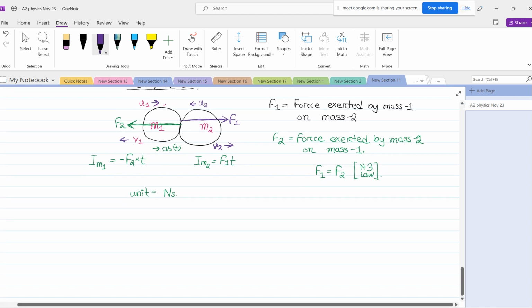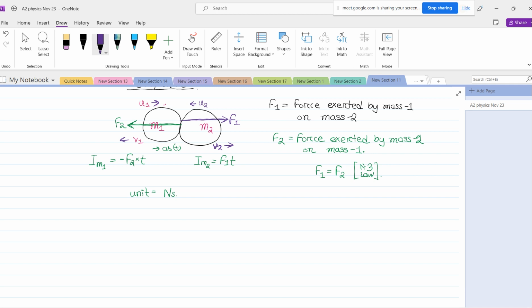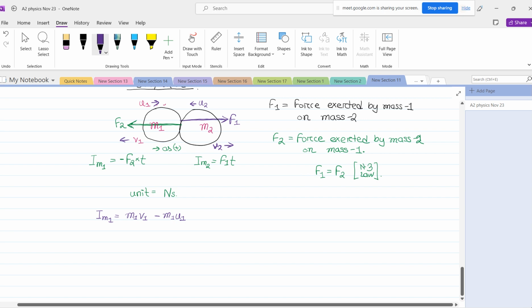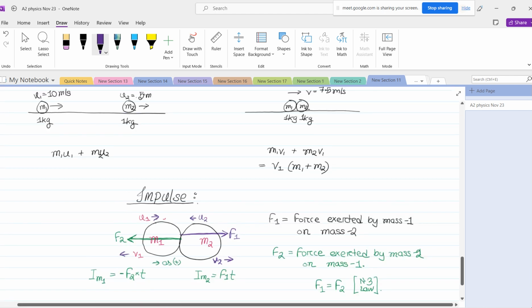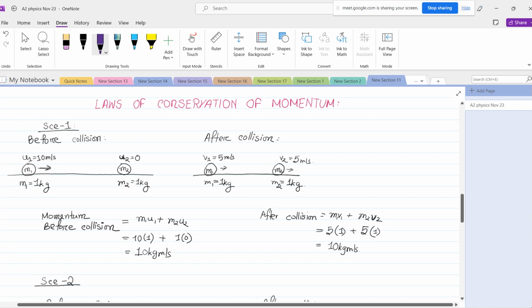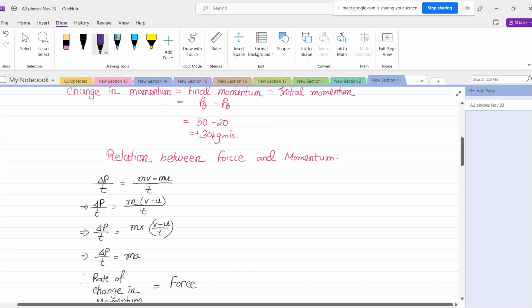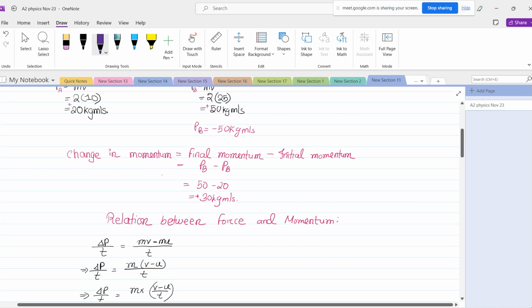So we can also calculate the impulse for each particle using the change in momentum concept. So impulse for m1 can be calculated as m1 v1 minus m1 u1, right? You always have to subtract the initial momentum from the final momentum. This is what the equation for change in momentum was. If you scroll up a little bit, you can see that change in momentum was final momentum minus initial momentum.